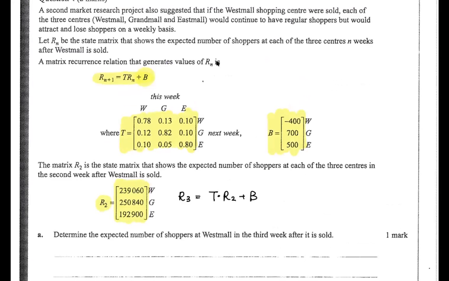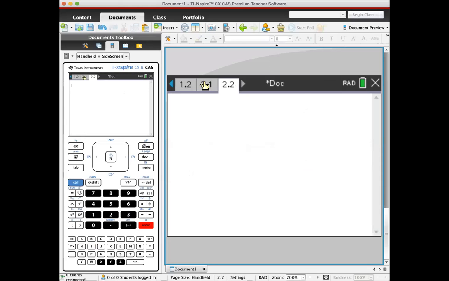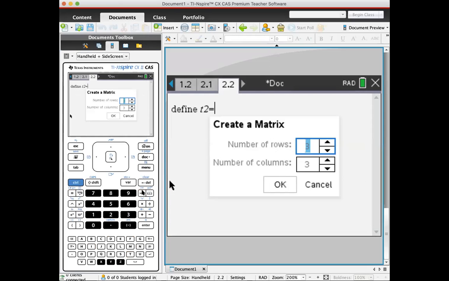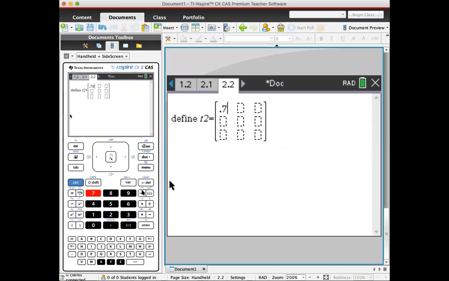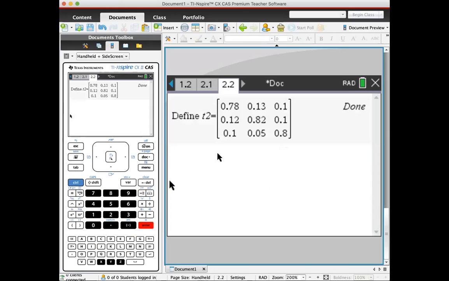Probably I want to define T and B first, okay? Because I already used the T1, then I can use T2. 0.78, 0.13, 0.10, 0.12, 0.82, 0.10, 0.10, 0.05, 0.80 defined.